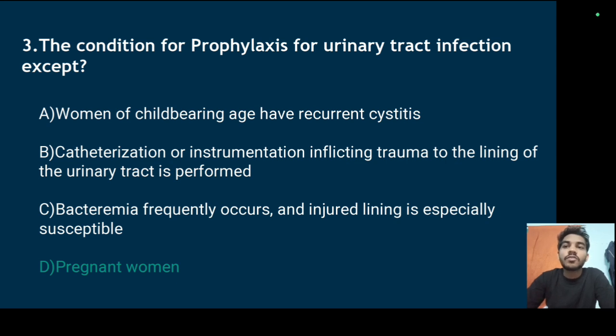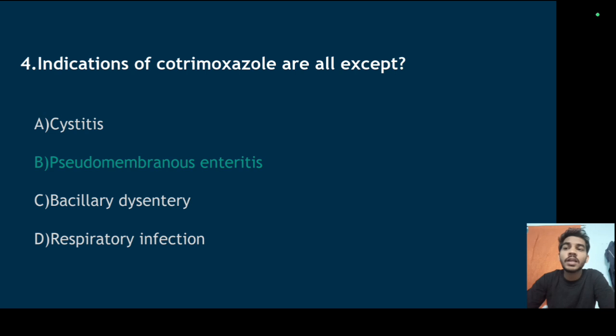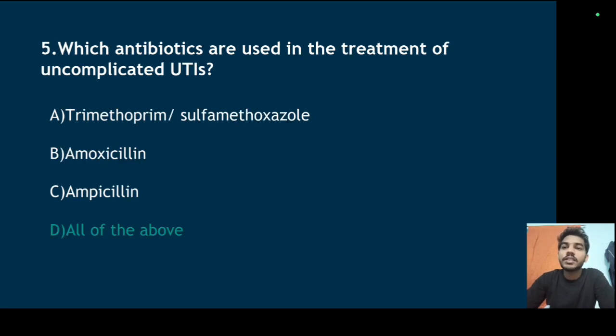The condition for prophylaxis for urinary tract infection, except: we all know prophylaxis is not given in a pregnant woman. Indications of cotrimoxazole are all except pseudomembranous enteritis. Which antibiotics are used in the treatment of uncomplicated UTIs? Trimethoprim, amoxicillin, ampicillin. All of the above.